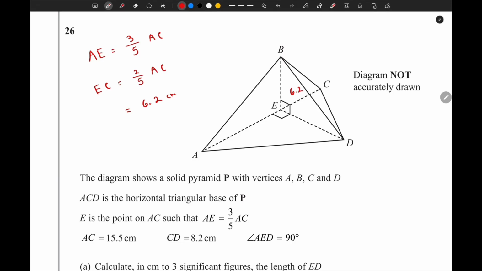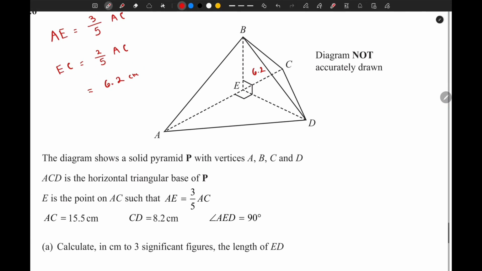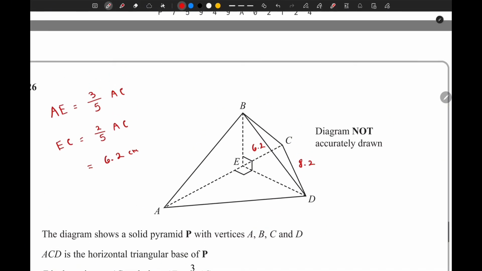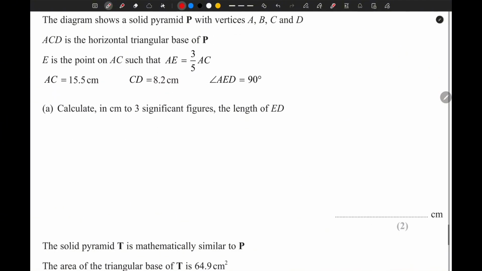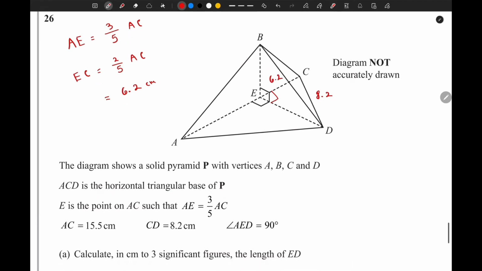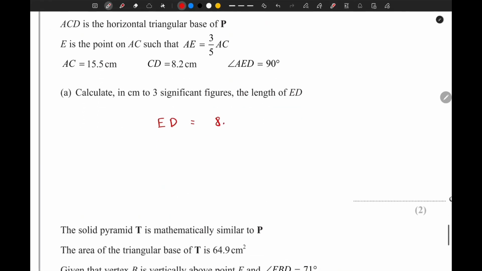So this is 6.2, and CD is given as 8.2. Now we can easily find out the value of ED because this is a right angle triangle. So we can use the Pythagoras' theorem. We can say that ED is equal to the square root of 8.2 squared minus 6.2 squared.